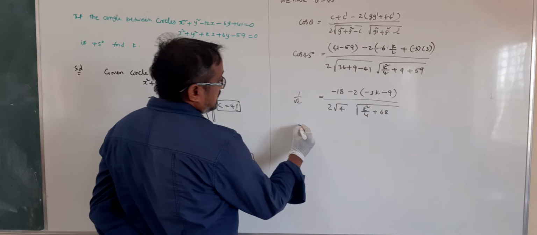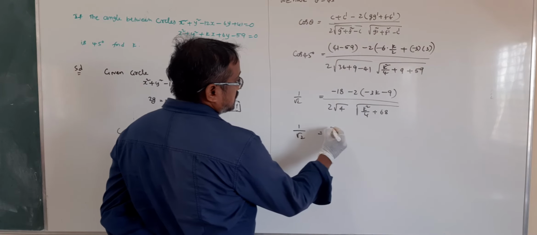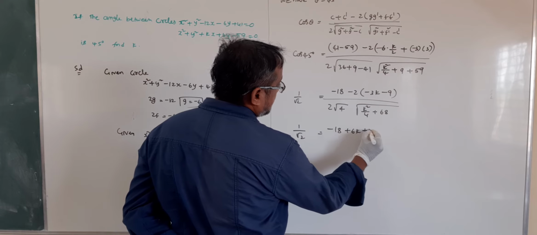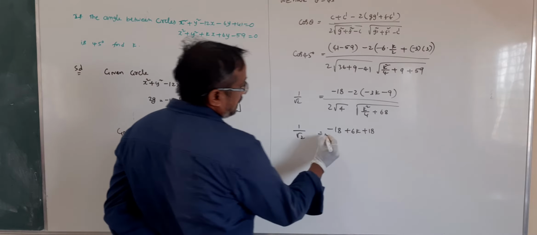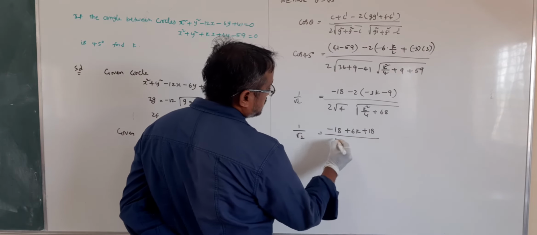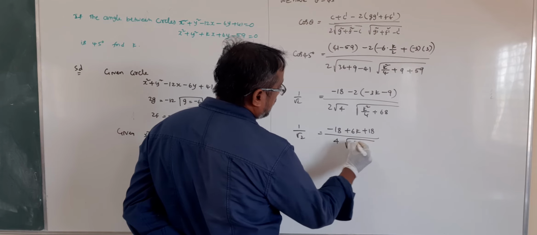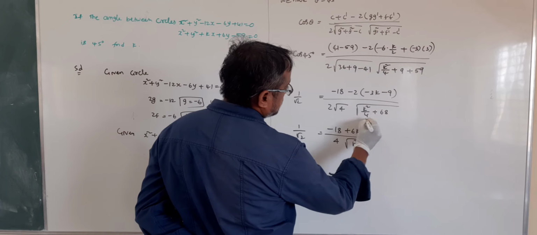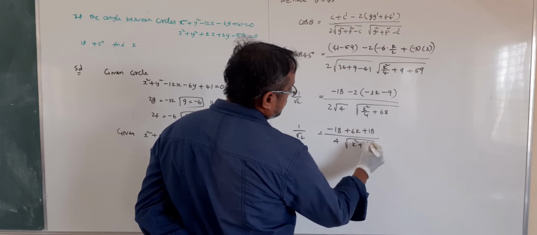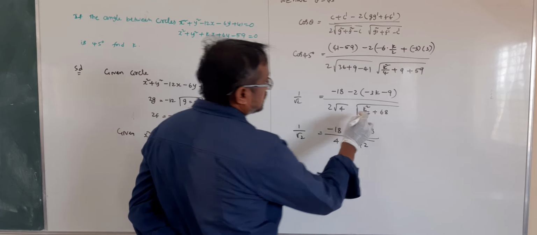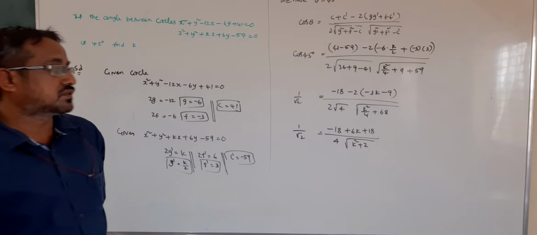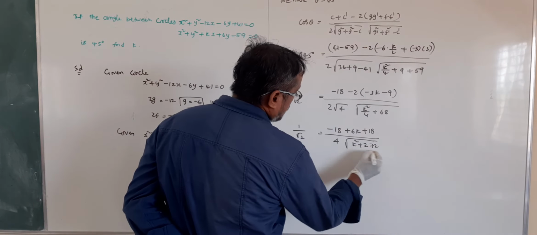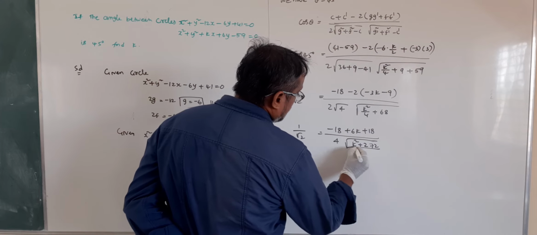So this will be 1 by root 2 is equal to minus 18 plus 6k plus 18 by root 4 is 2. So 4 into root of k square plus 272 by 2.